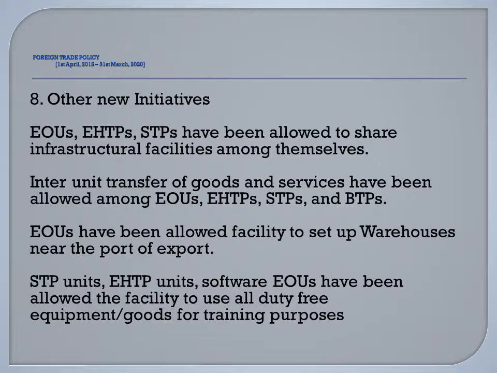EOUs have been allowed facility to set up warehouses near the port of export. STP units, EHTP units, software EOUs have been allowed the facility to use all duty-free equipment goods for training purposes.